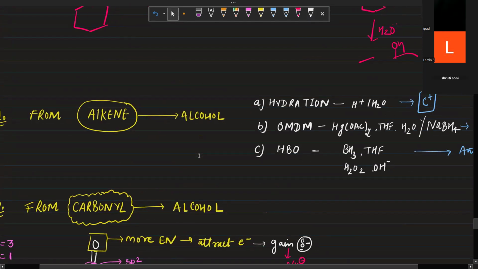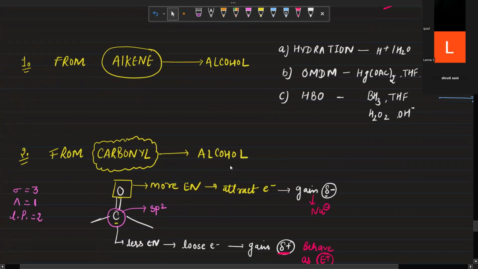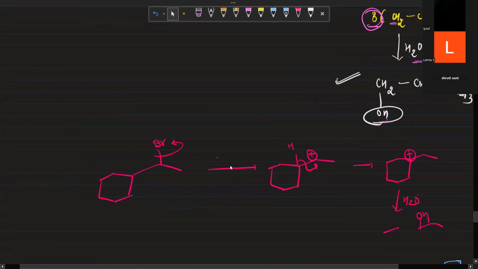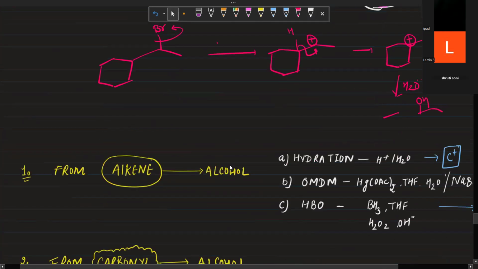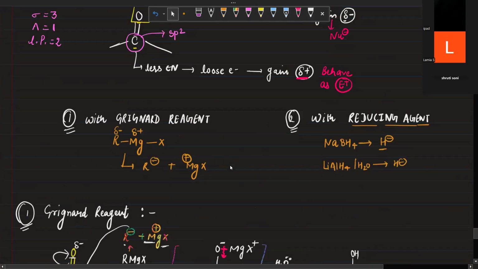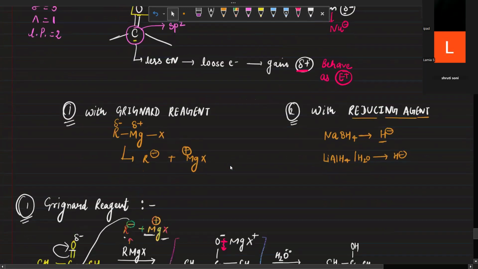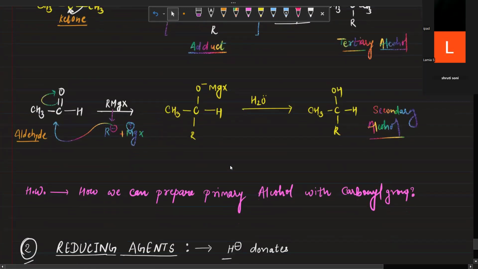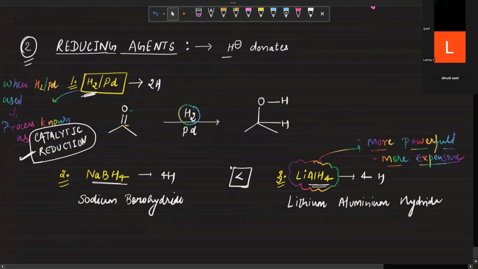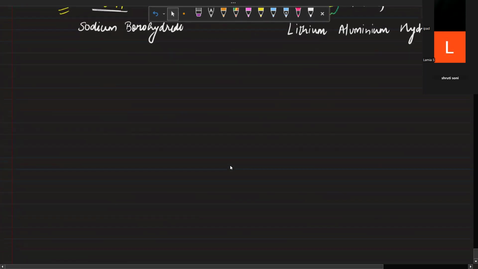Because we already discussed that. So from alkene, from carbonyl, Grignard reagents, you can double check this part. Anything you left? Good. So now you can start with the questions.